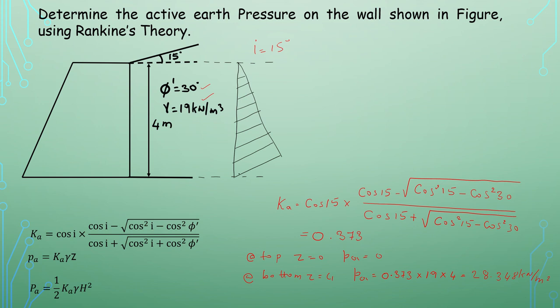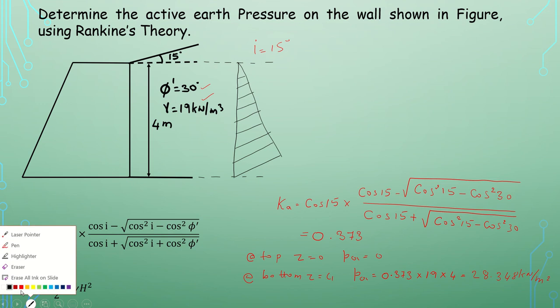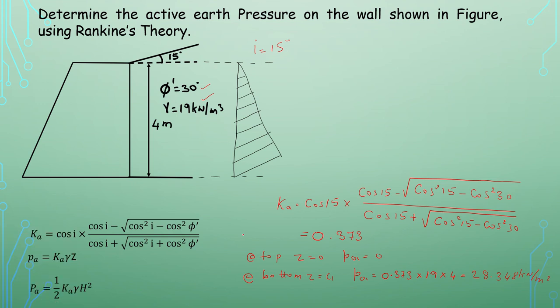Now you need to calculate the total pressure, that is Pa. So Pa equals the area of the triangle, that is half into base, which is this one 28.348, into height, which is 4 meter.